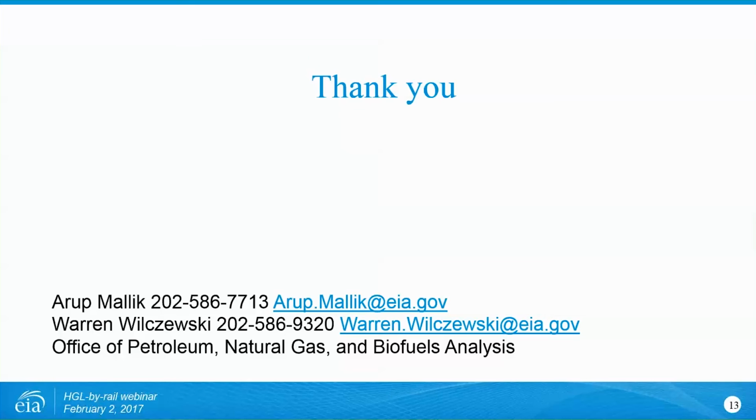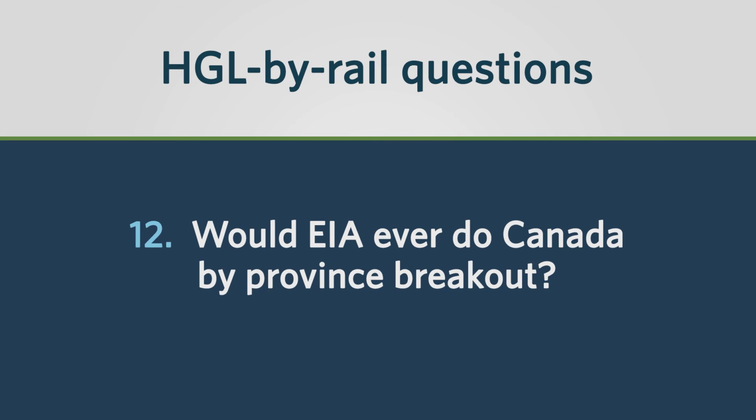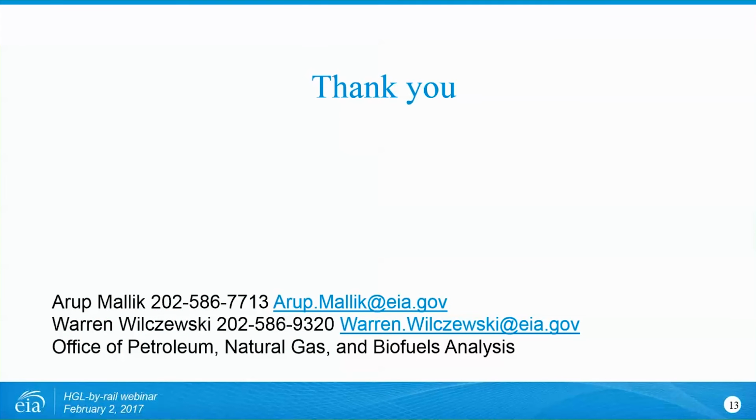Okay, the other question was, would we ever do a Canada by province breakout? And again, no, we're not at liberty to do that, and I think NEB and maybe Statistics Canada might have data on a province basis, or maybe East versus Western Canada.